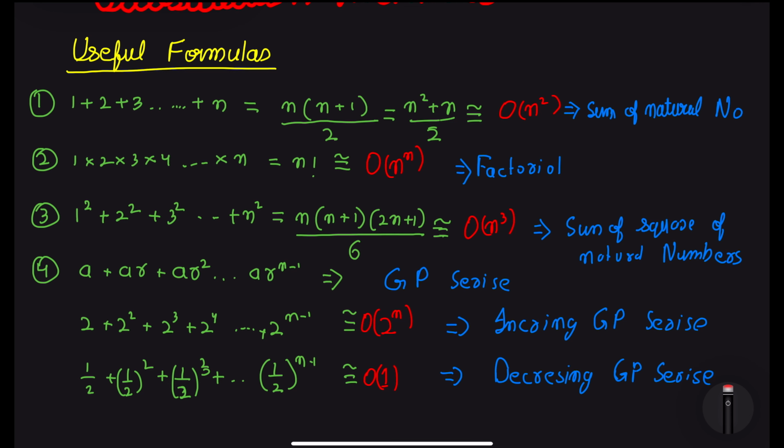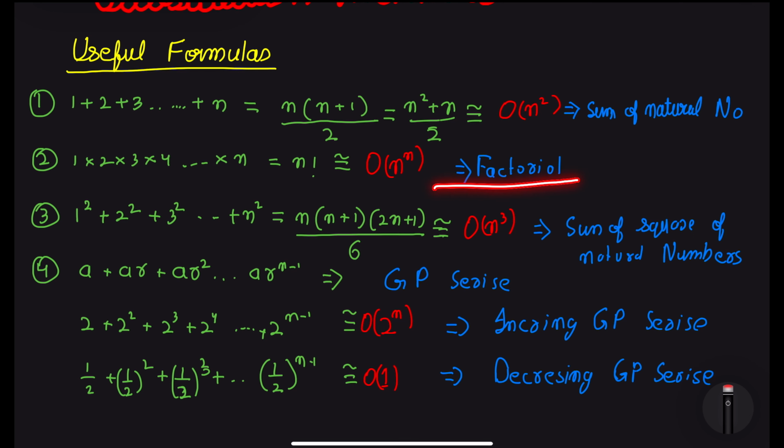If we solve this, we get n square plus n by 2, and we can write it asymptotically as big O of n square, because the impact is only by n square. This is the larger value if we take n as a large number. So if we encounter this sequence, we can write it as big O of n square.